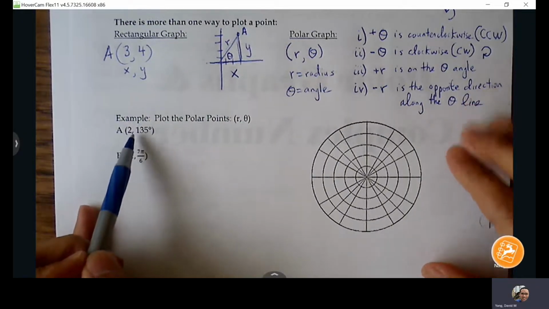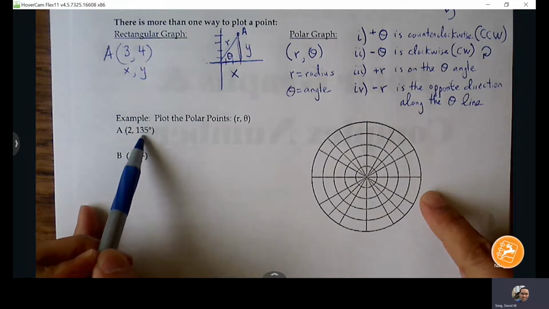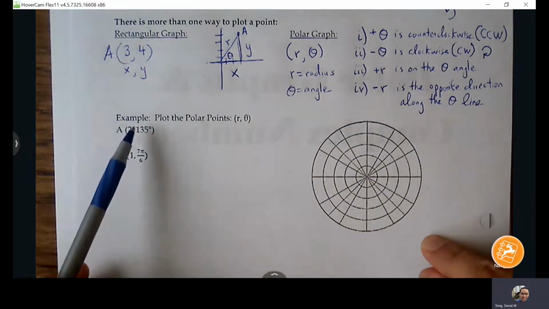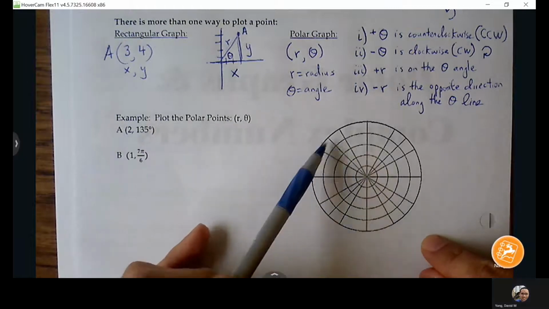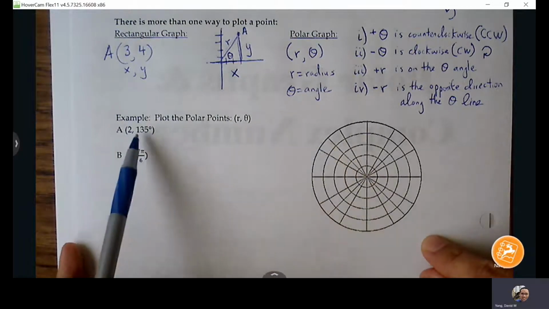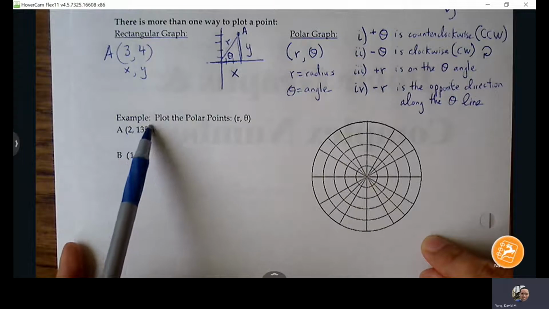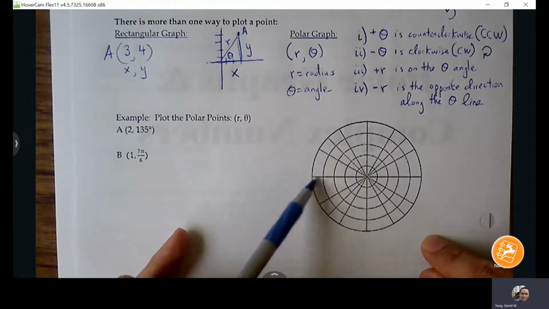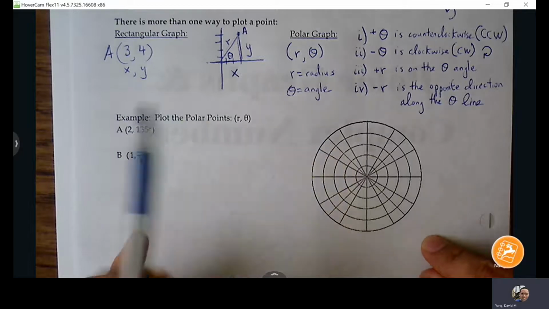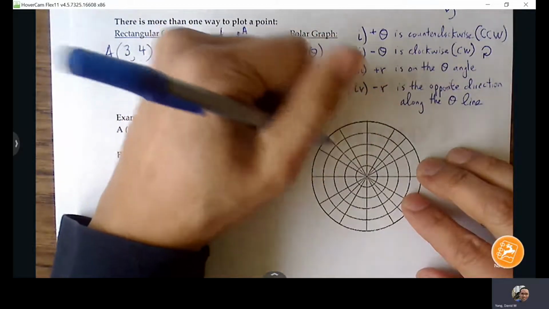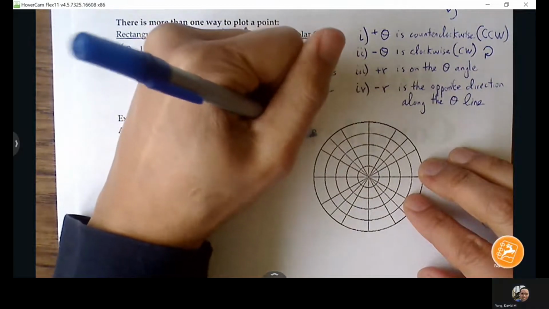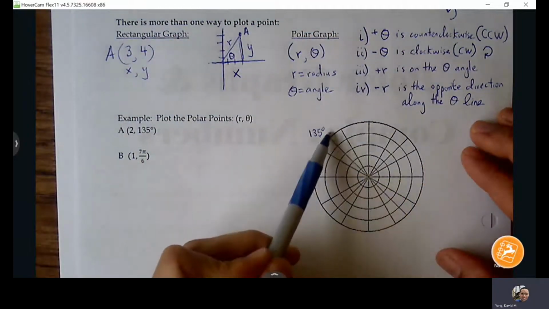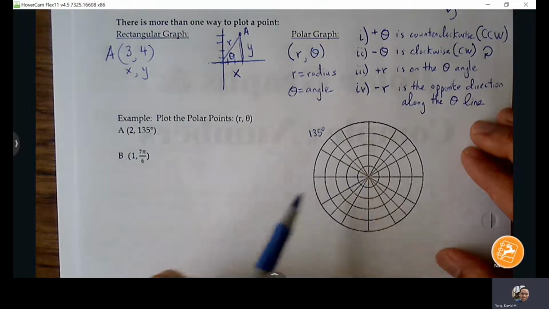So what we're going to do is find that 135 degree line. If you think about unit circle values, 135 degrees is going to be in the second quadrant. Its reference angle is going to be 45 degrees, right? It's going to be 45 degrees away from that 180 degree line. So we know 135 degrees is going to be that middle line here, the 45 degree variation in the second quadrant.